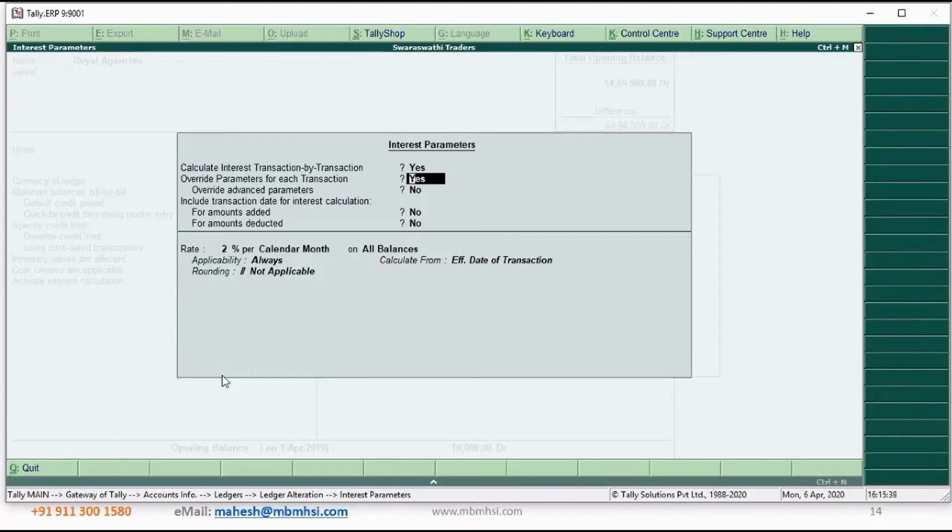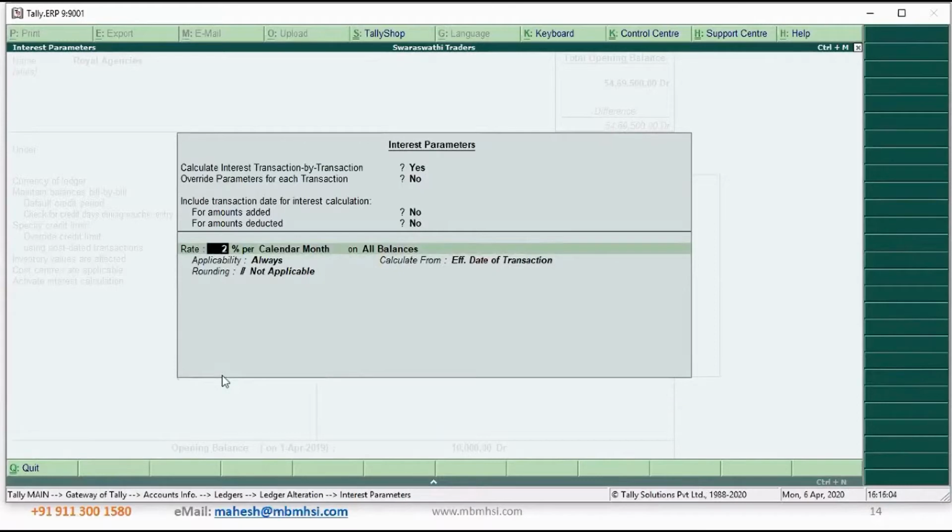At the transaction level, it will allow you to change if you enable this. Currently I'm making it No. Then how the interest has to be calculated: only for added amounts, only for deducted amounts, or for all. If it is for all, just make this No. This is the advanced parameters.